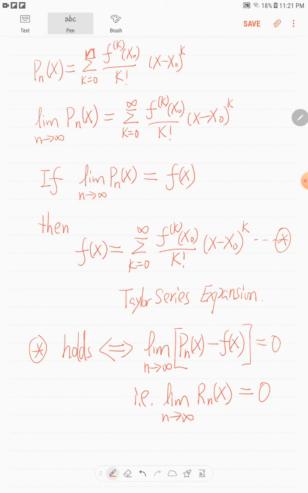Right? If the limit of the remainder equals 0, then this star holds. Okay, in other words, you have this one. The question is, we always say this Taylor series expansion converges to f if this remainder has the limit 0.